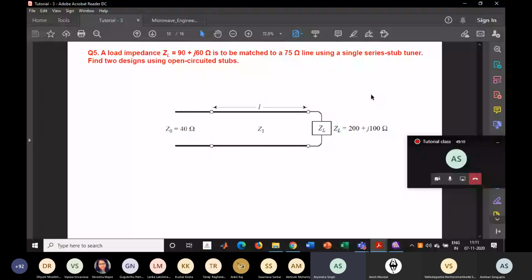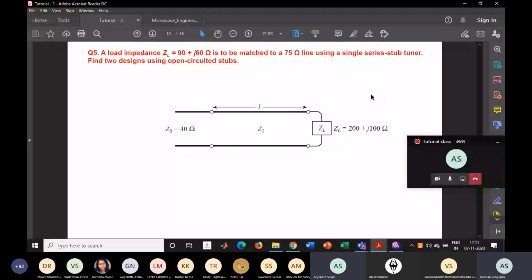And in a shunt stub, we have to first convert to the admittance Smith chart, and the only difference is that the positions of ZOC and ZSC change, right? There is no other change, right? No.